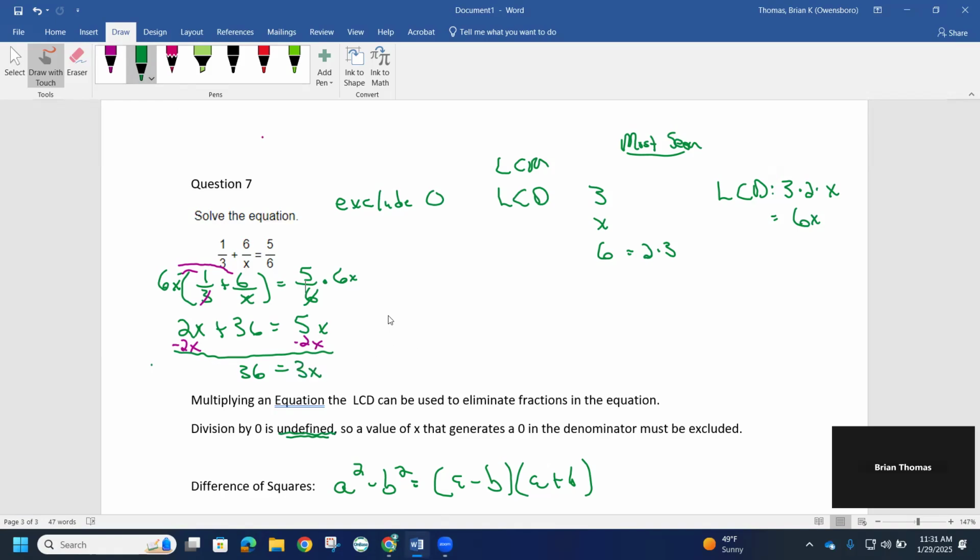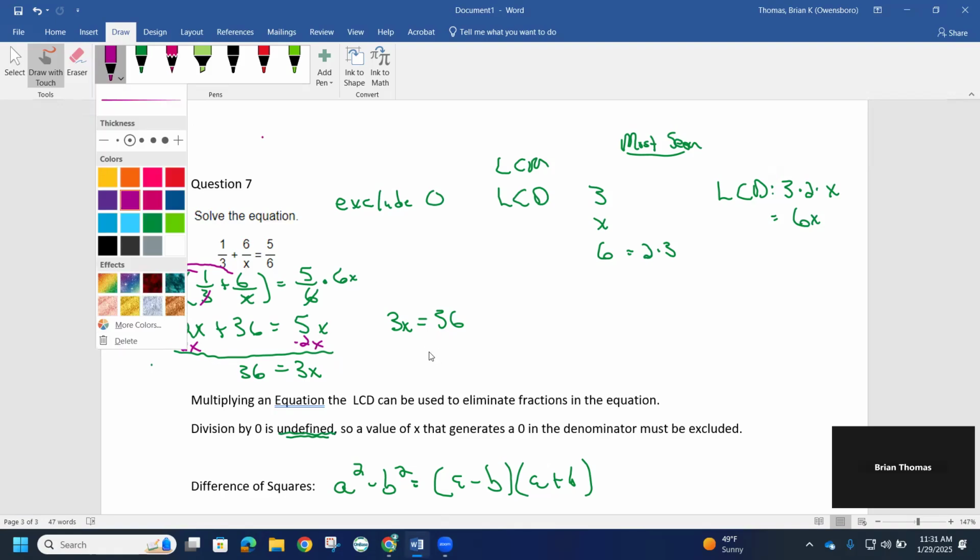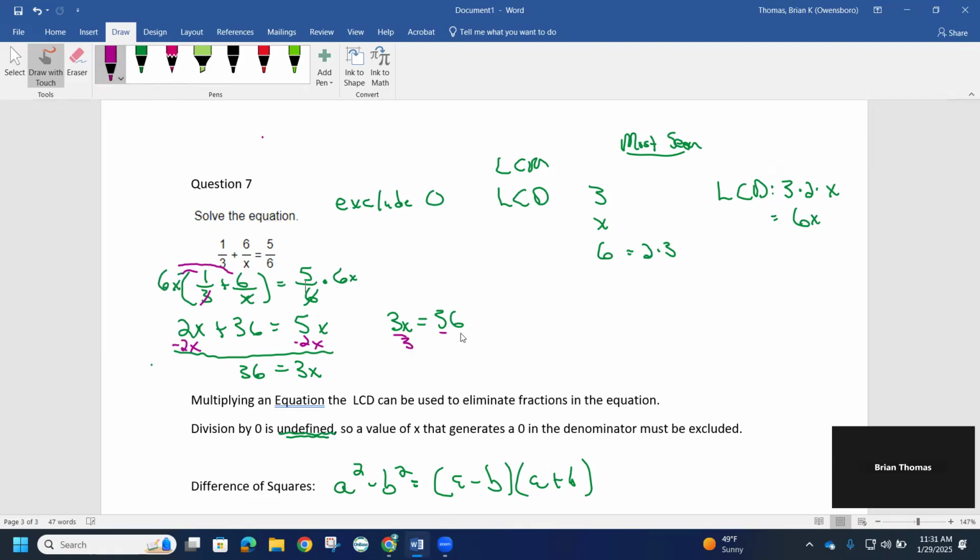So 3x has to equal 36. To get rid of the 3, I have to divide both sides by 3 to get x by itself. And 36 divided by 3, I'm thinking 12. 12 times 3 would be 36.